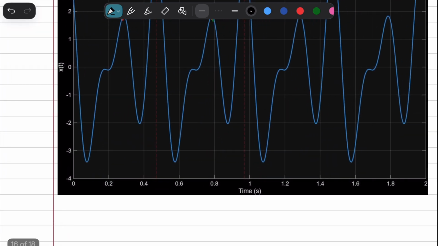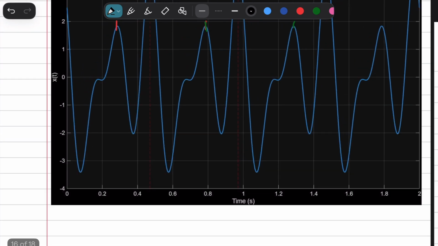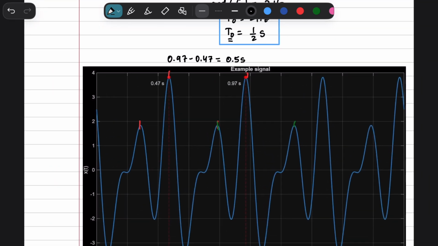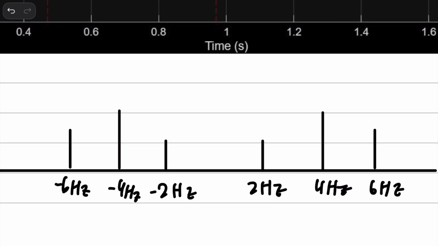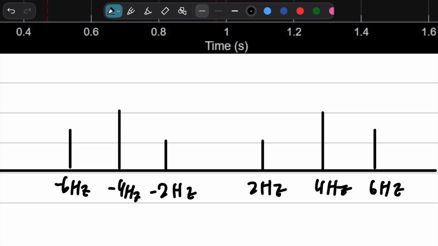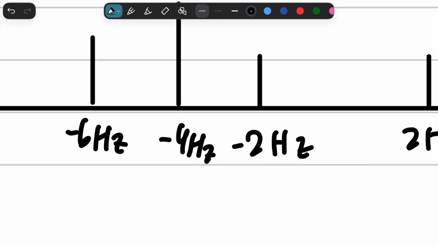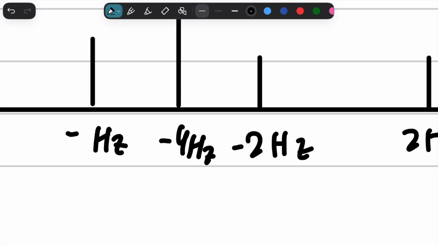Now, if we were to look at the spectrum representation, which looks like this, we can obviously see our greatest common divisor is 2, because these are all multiples of 2, and they can all be evenly divided by 2. Yep, this is right.